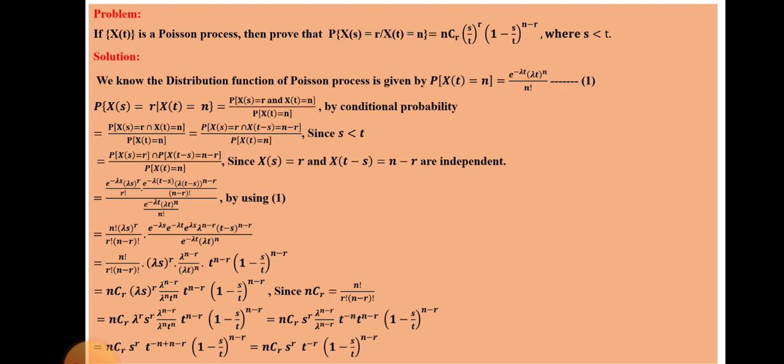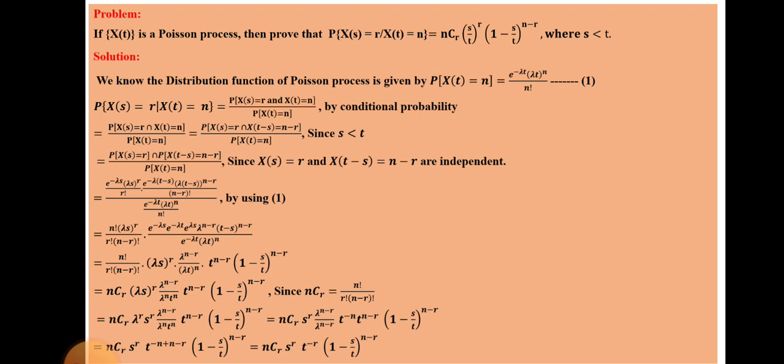Grouping all the t's, the powers are −n plus n−r. So nCr s^r, t^(−n) and t^n cancel, t^(−r), (1 − s/t)^(n−r).